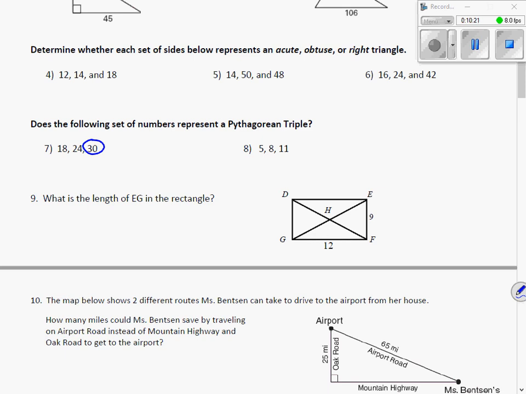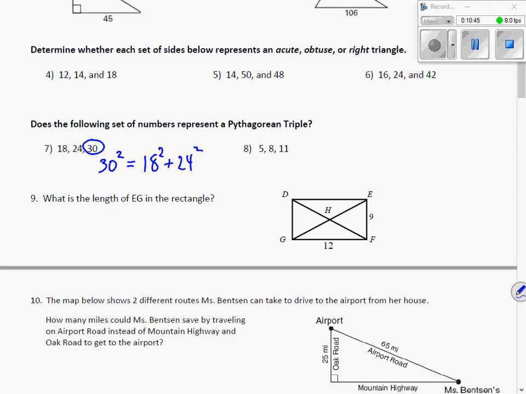Okay? So 30 squared, which is our hypotenuse squared, should be equal to the sum of the other two legs squared.